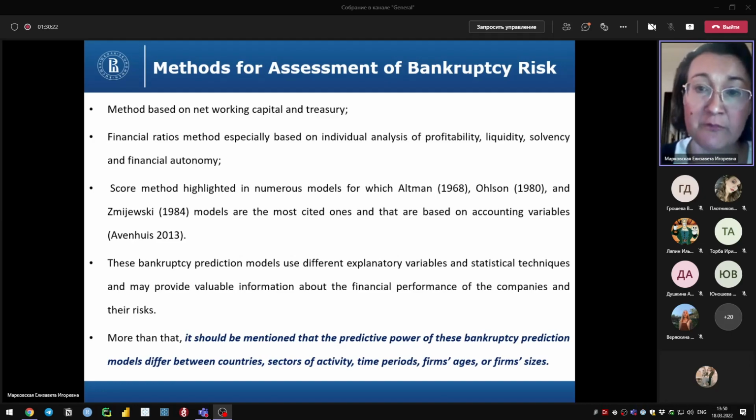Of course, the method that is based on the net working capital. Of course, we can use the financial ratios analysis, and of course, we can use different kinds of models, score methods based on the models.